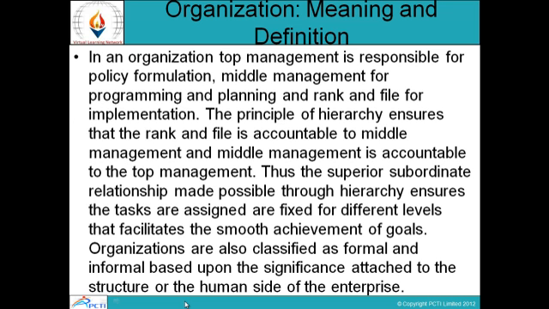In that hierarchy, there are levels in the organization: top management, middle level, and at the same time the lower level. The top management is related to the middle, and the middle is related to the lower and the top both.